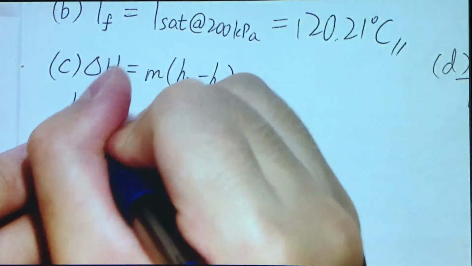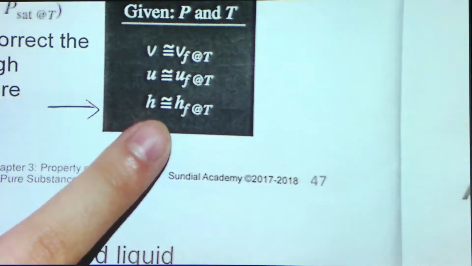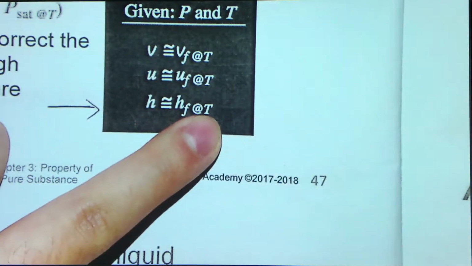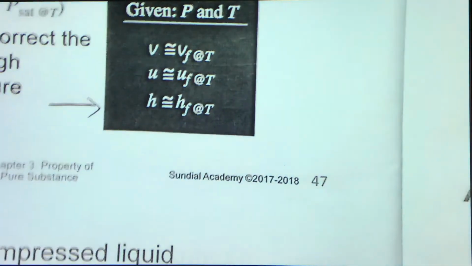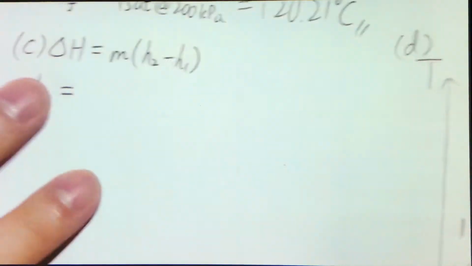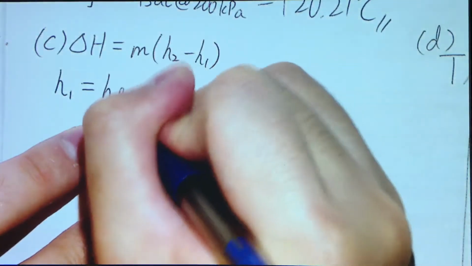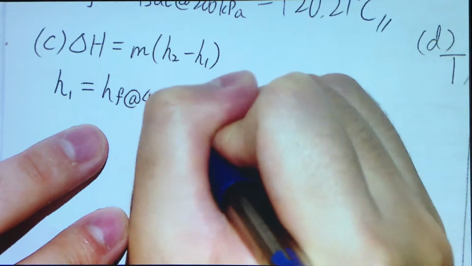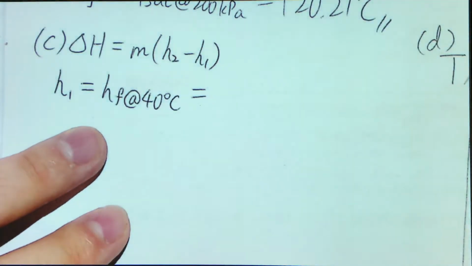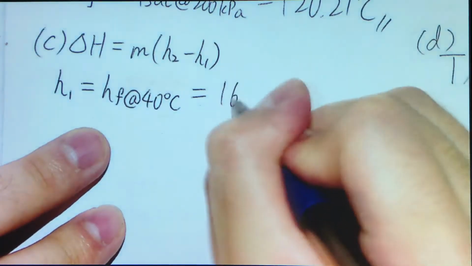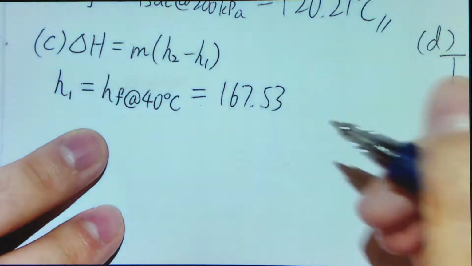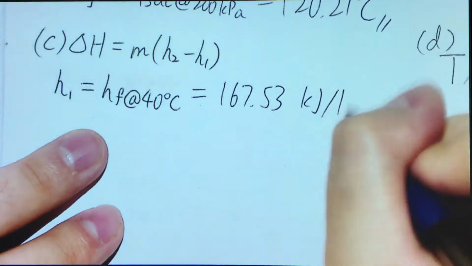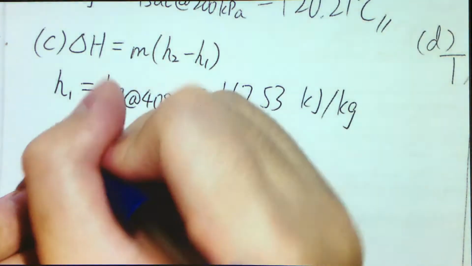For H1, we will use our approximation given in the table: H approximately equal to Hf at the temperature. We have been given the temperature to be 40 degrees C. So Hf at 40 degrees C. You just go to table A4, and you will find that this is equal to 167.53 kilojoule per kg. How about H2?